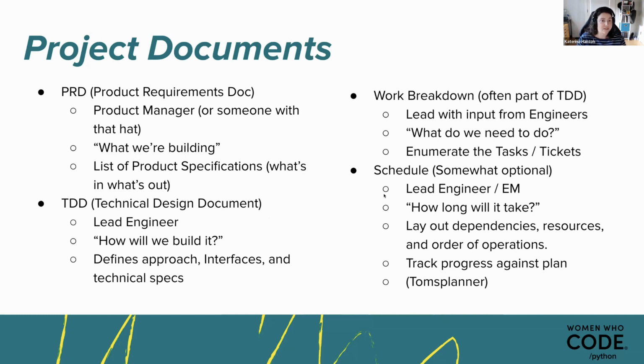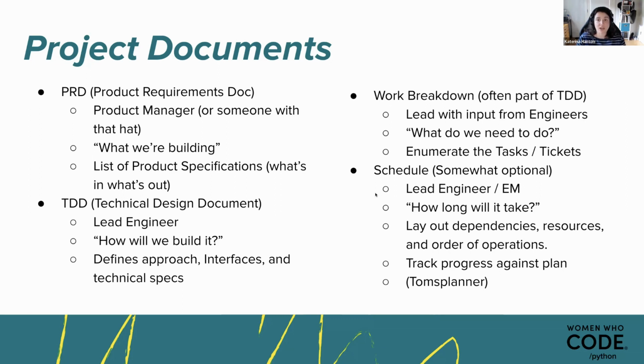Out of the technical design document, usually I look for a work breakdown. Basically, what do we need to do? A solid enumeration of the tasks and the tickets associated with that, along with something of a size.